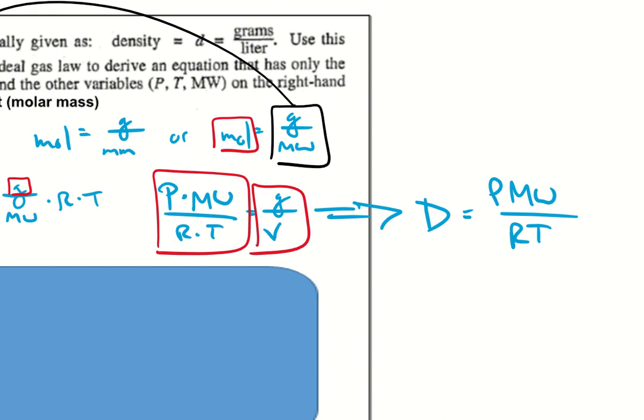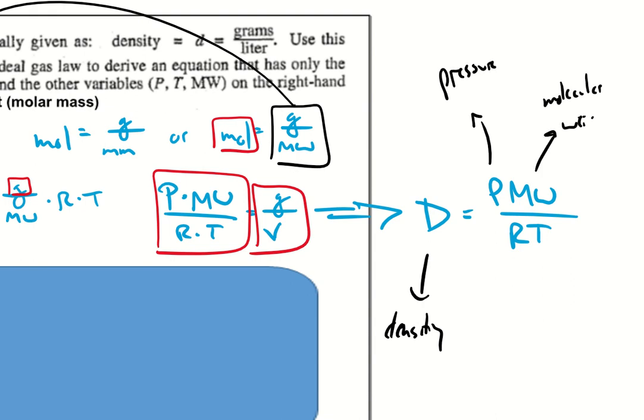A reminder that density equals the pressure of a gas times the molecular weight over the gas constant times the temperature. Here's an equation that'll work for all ideal gases, but we see our first glimpse of gases that are going to behave a little bit differently, because gases with different molecular weights will have different densities.